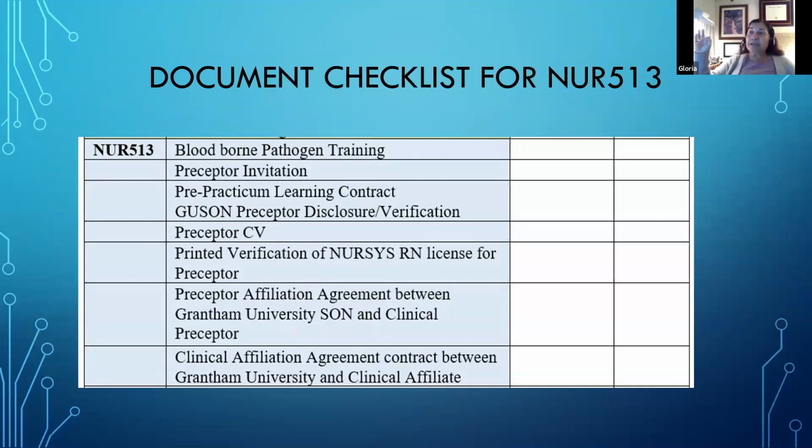We're going to be making sure that we have the printed license for the preceptor. In the preceptor handbook, our students are told they need to have faculty who are able to precept them. So it will be an MSN or an APRN, whichever, but they need to possess the proper qualifications. So we look at that CV and we make sure that they are properly licensed.